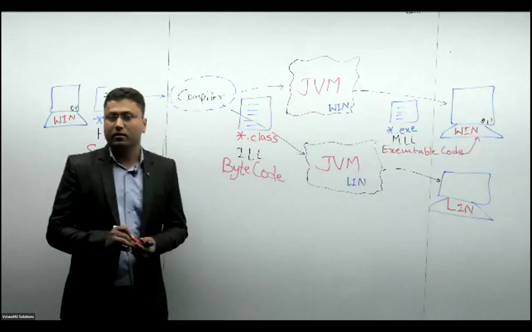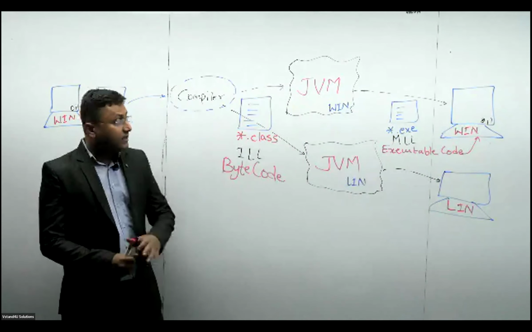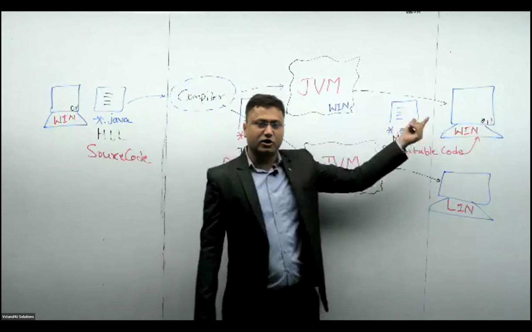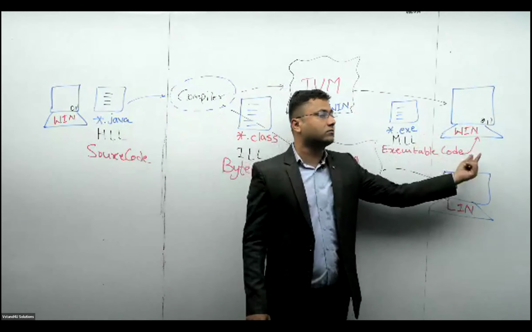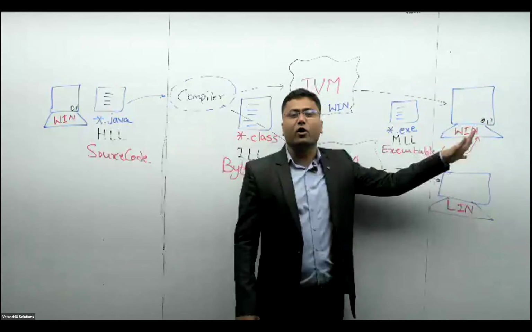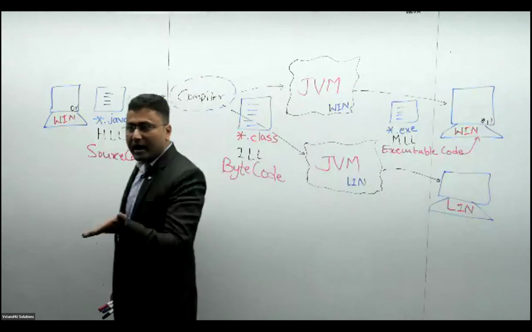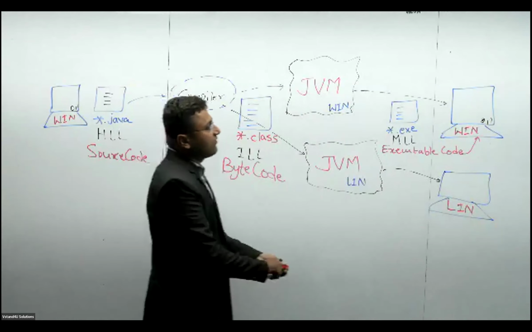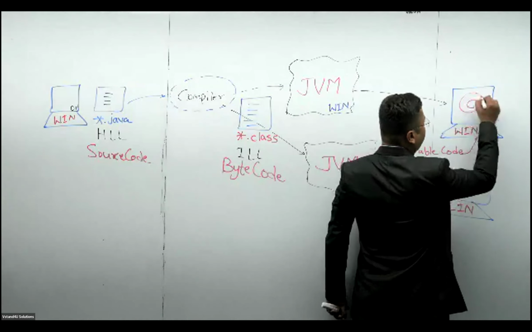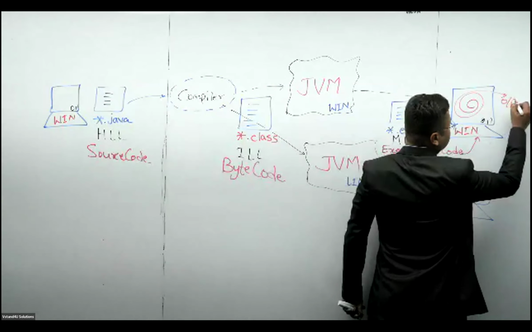Am I clear? I repeat, JVM for Windows generates executable code, works only on Windows. That code will not work on any other system. Am I clear? Now this code, whatever you have given as an input, this will be processed and generating output.